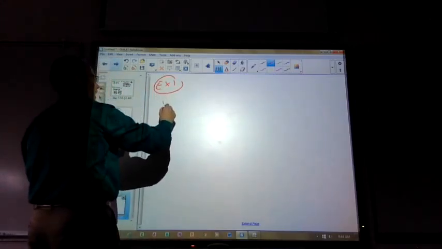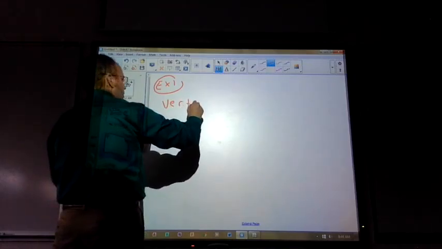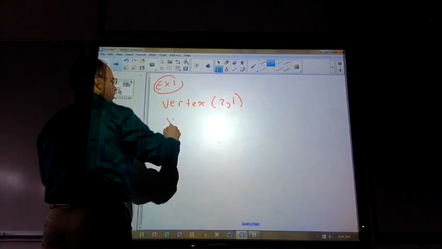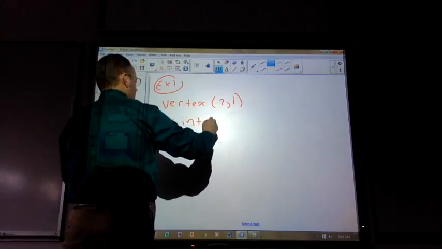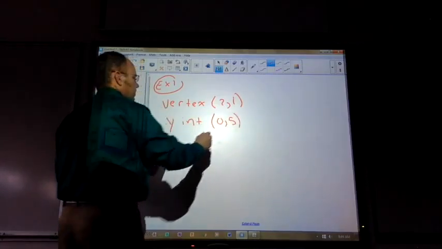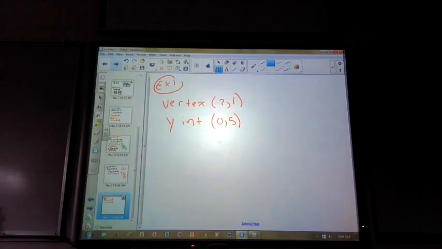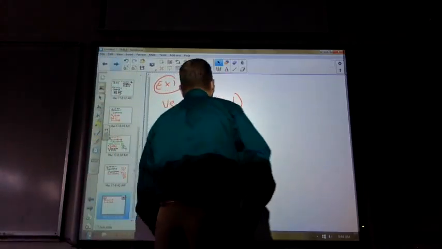We have a vertex at 2, 1, and a y-intercept of 0, 5. The vertex is 2, 1. So what letters does the vertex go with?